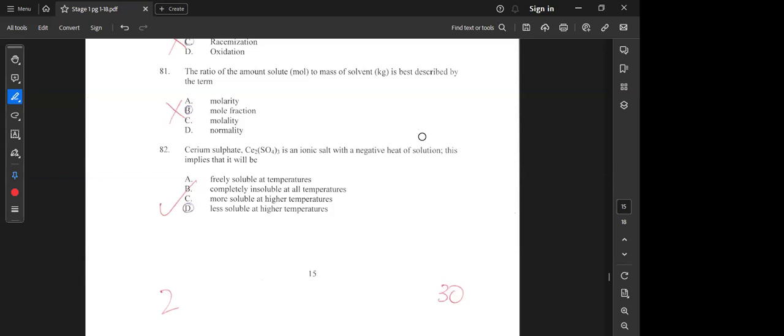So negative heat means it's exothermic. Just remember, when your heat result is negative, it means the system itself lost heat, and that's the heat being given off to the environment.